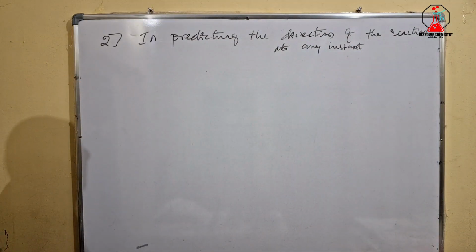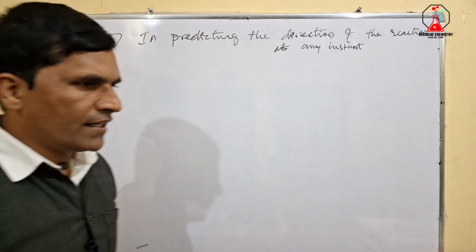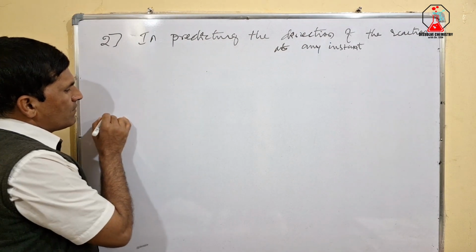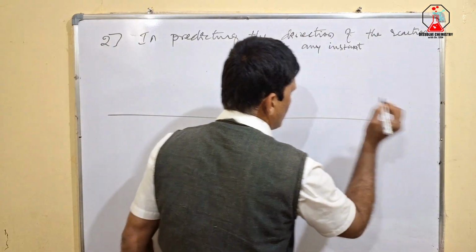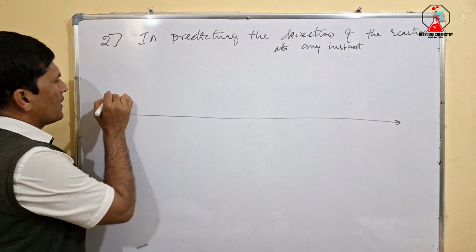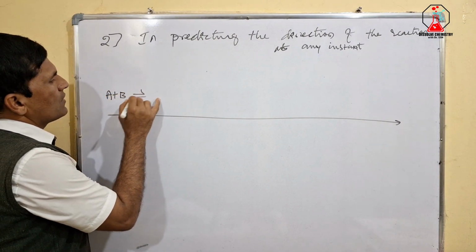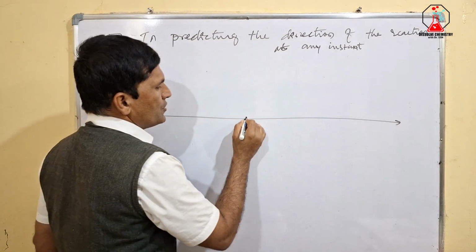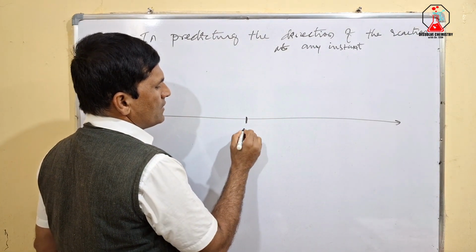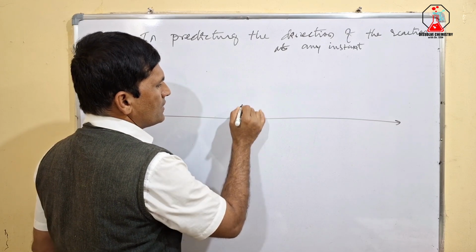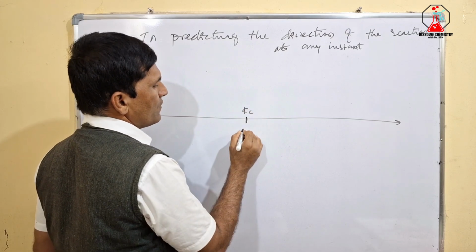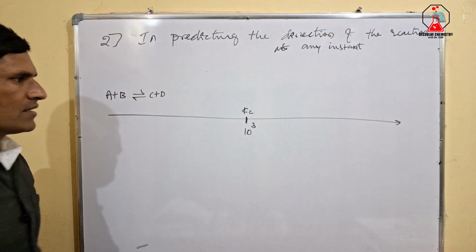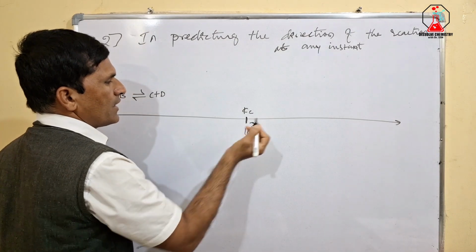See here, once the reaction commences, say for example we take this reaction which is progressing: A plus B combining to give C plus D. Assume that its equilibrium constant Kc for this reaction is, for example, 10 to the power 3.